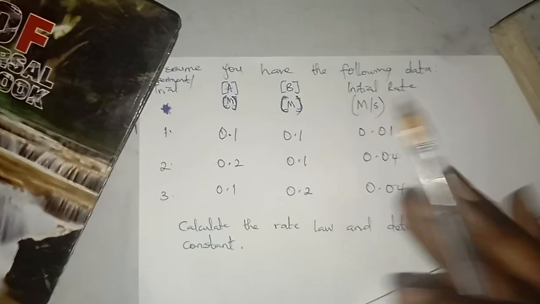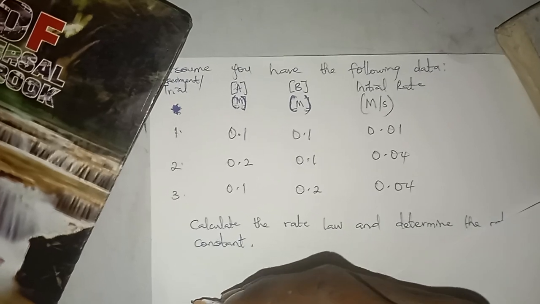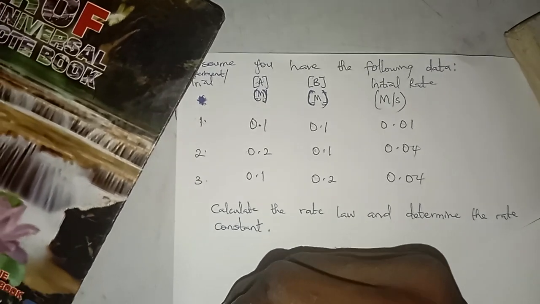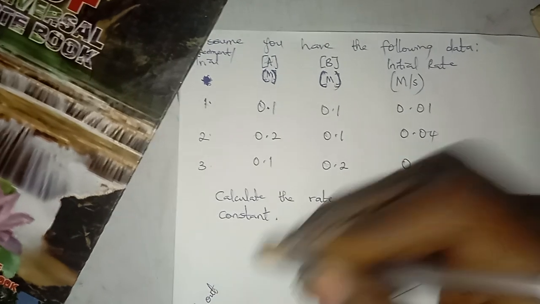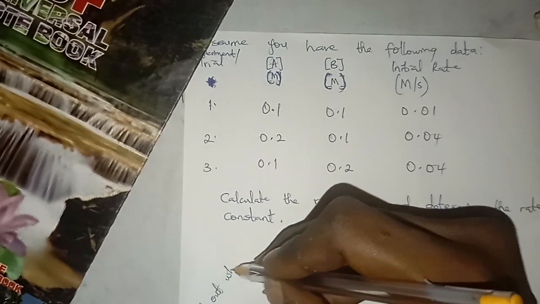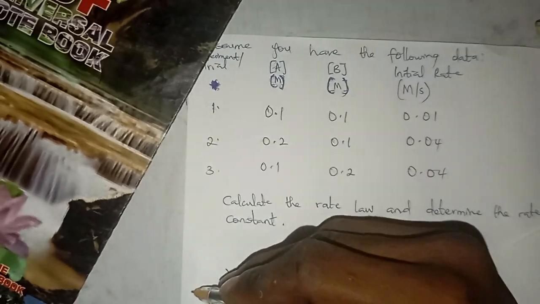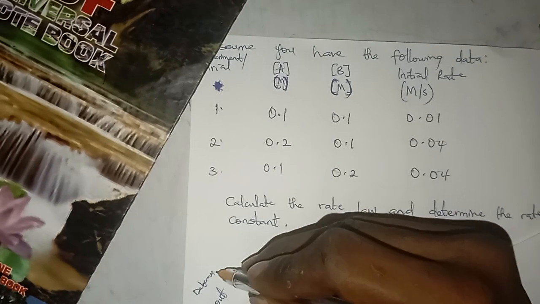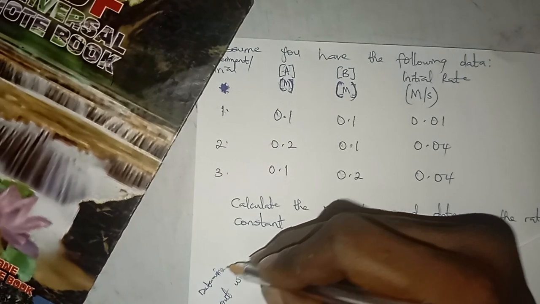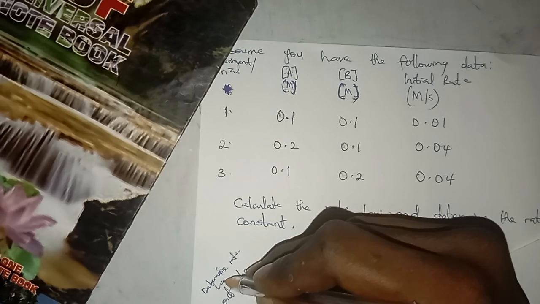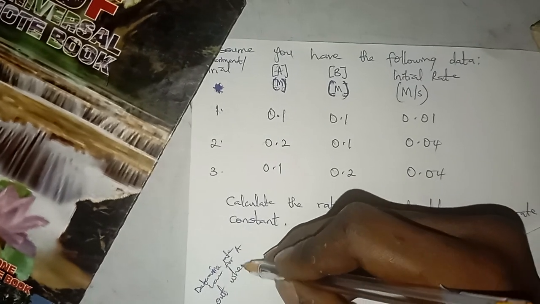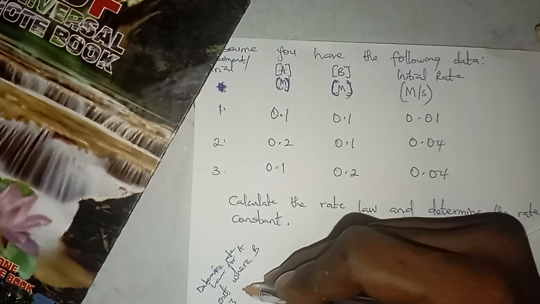In order to do this, the principle that guides this is simply to find out, looking at this, where to determine the rate law for A, you have to keep B constant. So find out where B is constant.